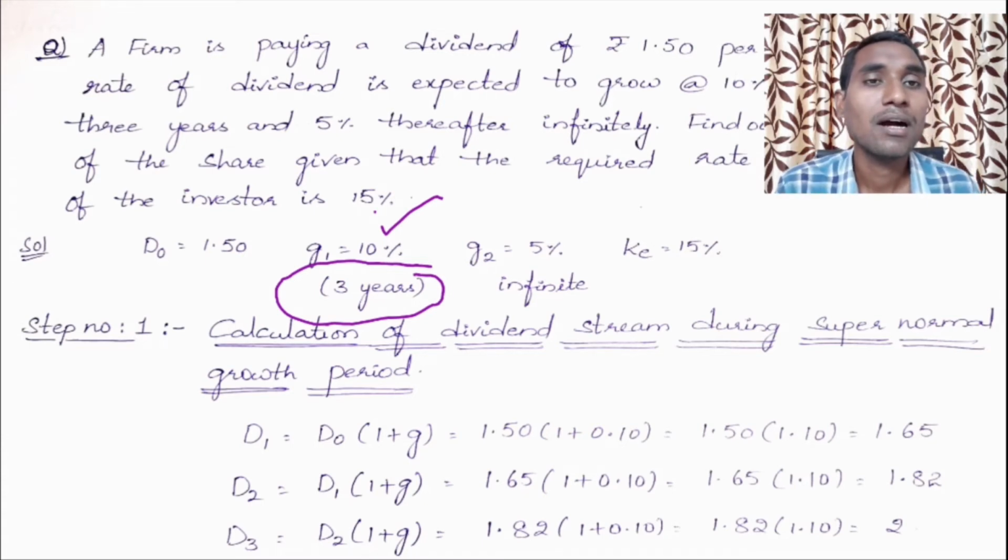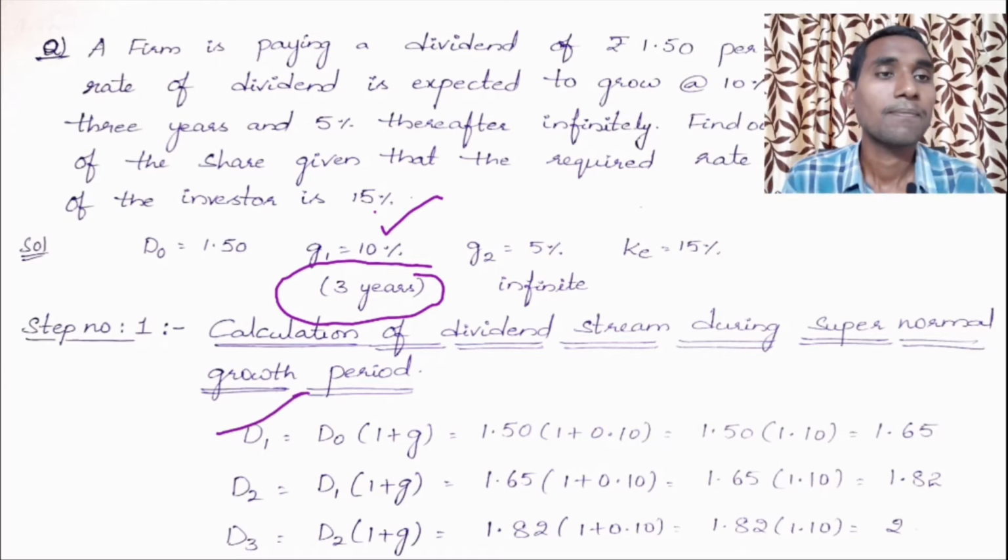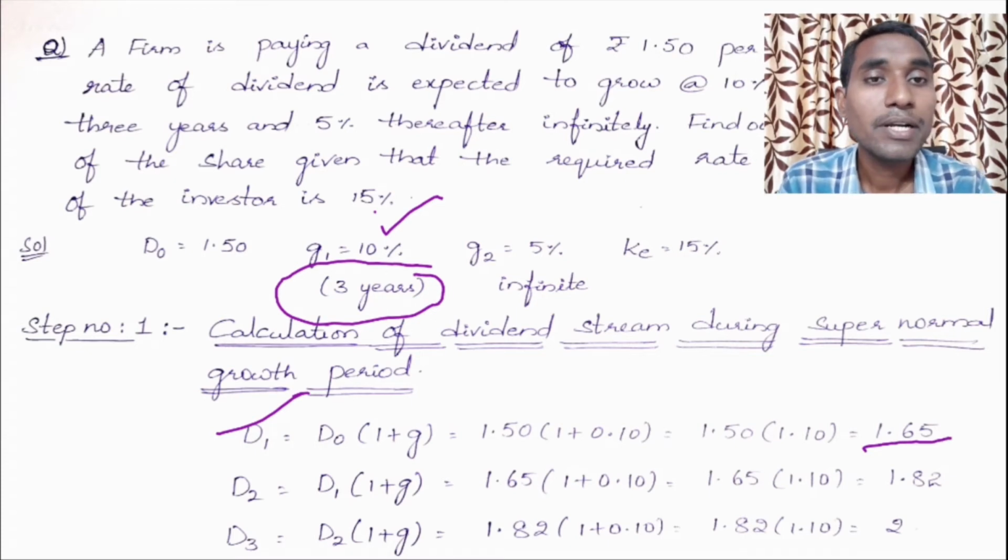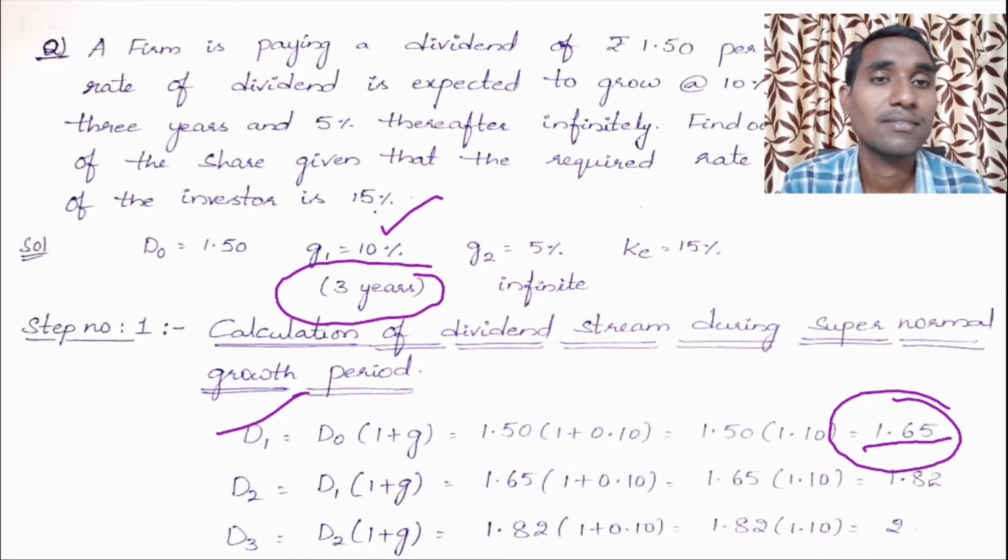We can calculate the dividend stream using this formula. D1 equals D0 into (1 plus g), which is 1.65. Again, D2 equals D1 into (1 plus g), where D1 is 1.65, the last year's dividend.